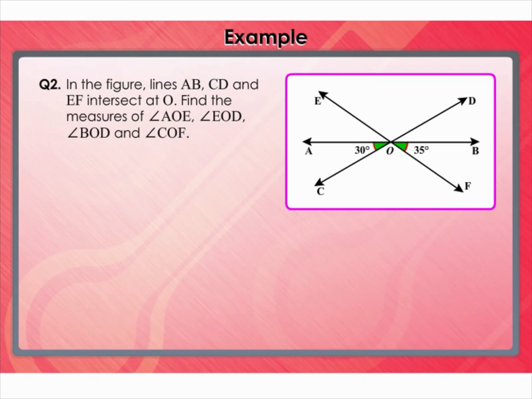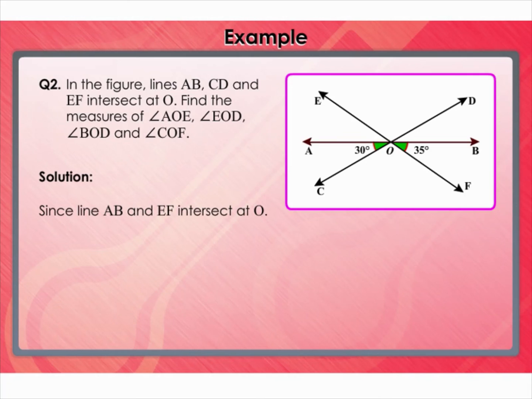Consider the second example. In the figure, lines AB, CD, and EF intersect at O. Find the measures of angle AOE, angle EOD, angle BOD, and angle COF.